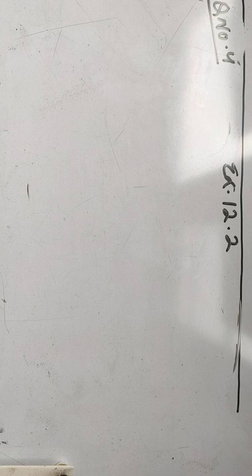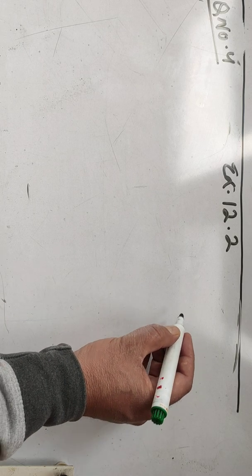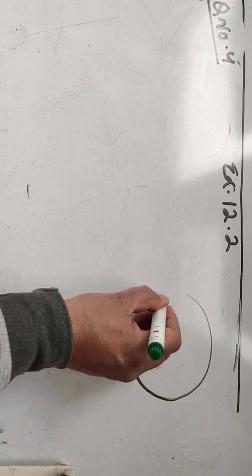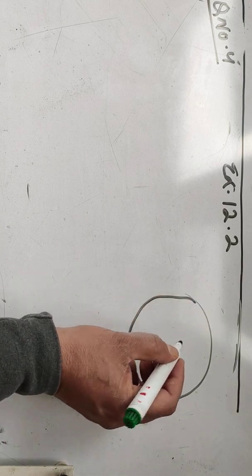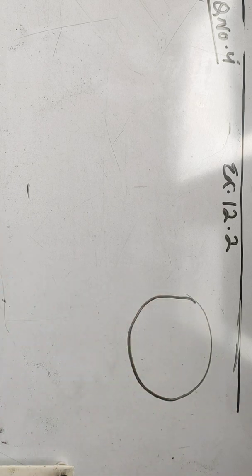The question is like this: a chord of a circle of radius 10 centimeters subtends a right angle at the center. You see here, I am going to draw a circle. The question is a chord of a circle of radius 10 centimeter subtends a right angle at the center.